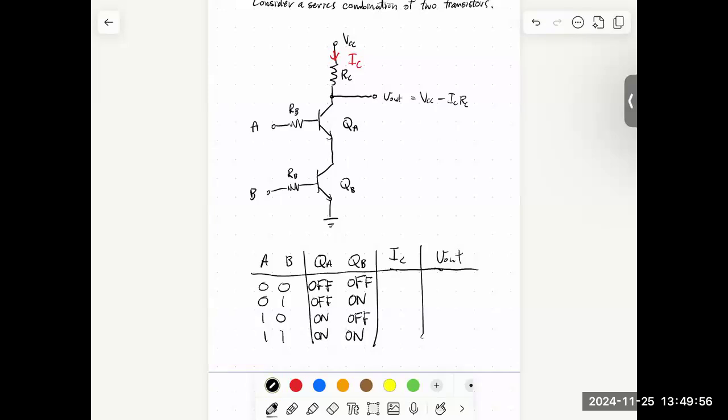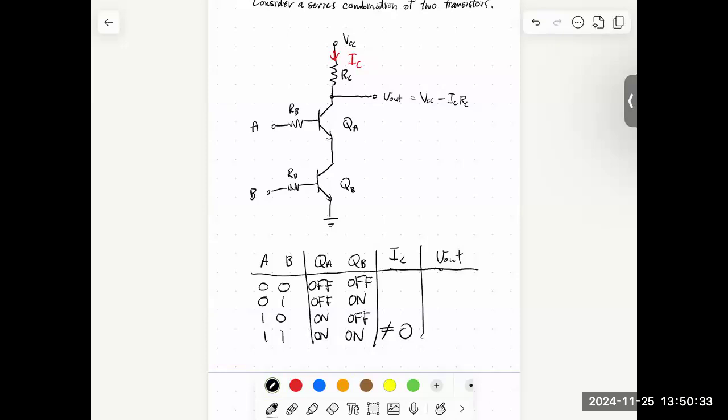The only time both transistors are conducting is down here when A and B are both high. So the only time the current is not equal to 0 is when both transistors are conducting. Here, both transistors are off, neither of them would allow current to go through. In either of these cases, one of the transistors is on, it would allow current, but there can't be any because if one's on and the other's off, I can't run current to ground.